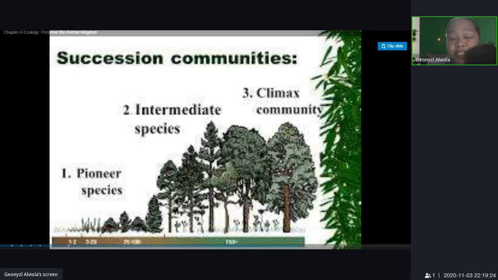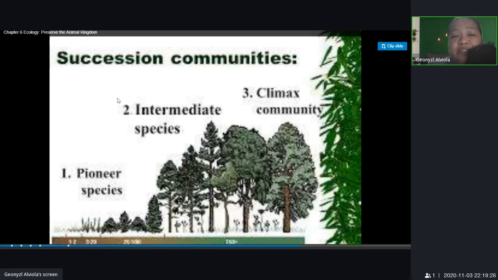While intermediate species are located in secondary succession. This is the secondary succession in which medium-height or herbaceous plants start to appear. And in the climax community, you already have bigger trees with bigger roots. Only few shrub plants remain in population compared to the pioneer or primary succession.